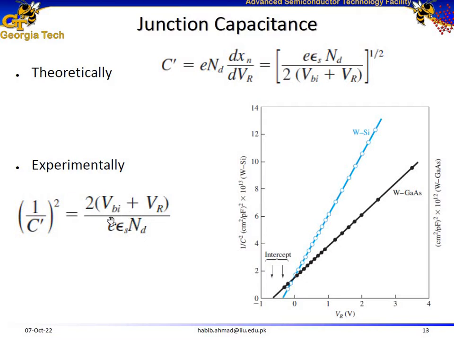You know charge on electron, you know permittivity of the material. You can easily experimentally calculate the doping concentration of the semiconductor material from just measuring the slope of this line. So this is an experimental way. If you don't know the doping concentration of your Schottky barrier diode, you can experimentally calculate the doping concentration by performing CV measurements or capacitance voltage measurements.